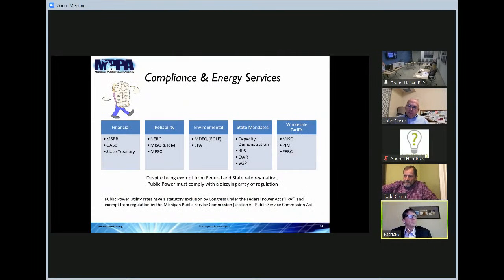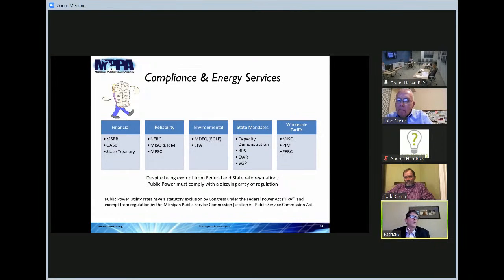So I mentioned compliance and energy services, and I don't need to go through all of these, but we're not rate regulated at the FERC level. We're not regulated by the State Public Service Commission, but there's a lot of activities that we have to comply with at this state. There's a capacity demonstration mandate that we have.